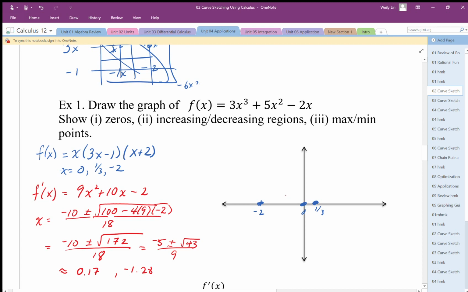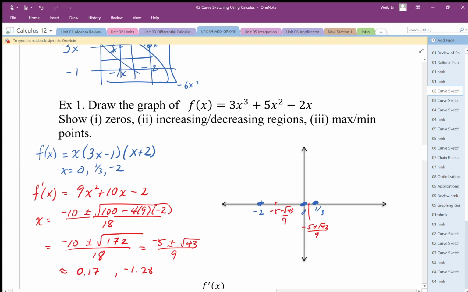Okay, so maybe somewhere around here, that's going to be the negative version. I'm just going to write that as negative 5 minus square root 43 over 2. And then here, this is going to be negative 5 plus square root 43 over 9. So that was over 9, not over 2.